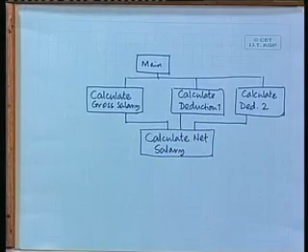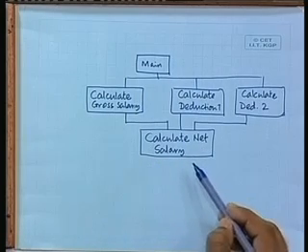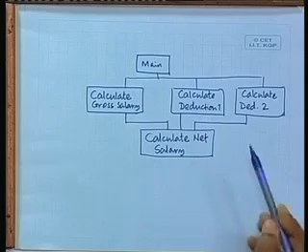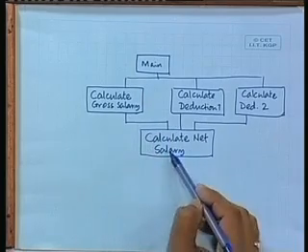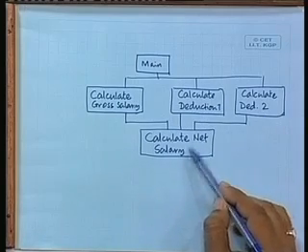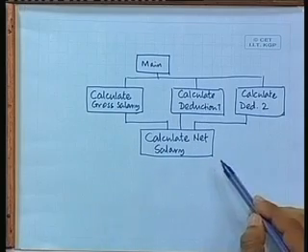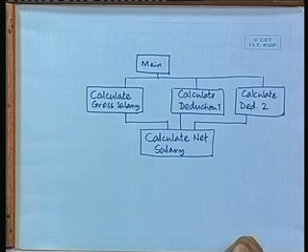Suppose you have a structure of this type. Now see, to calculate net salary the way it is shown here, you have the gross salary coming from here, deduction 1 coming from here, deduction 2 coming from here, deduction 3 coming from another. Then suppose, due to whatever reason, the net salary is wrong.